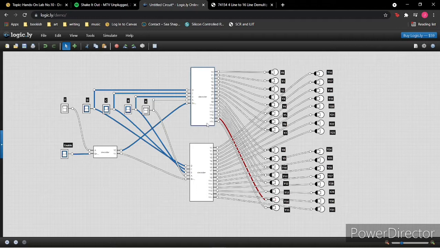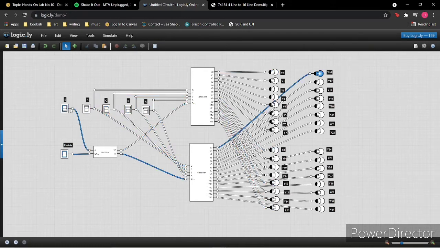Oh, there's something wrong in my decoder. There was an error and I think it was a glitch in the logic side, because the wire was missing, and whenever I click on it, it doesn't respond. So let's assume Y14 is on and then Y15.